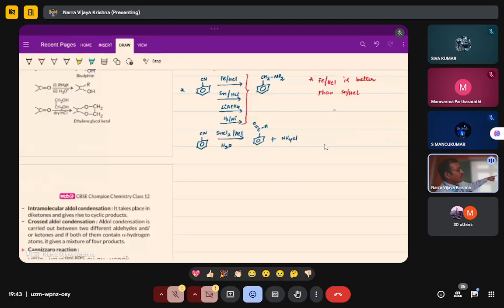Cyanides are reduced to amines, but by using sodium in presence of ethyl alcohol.